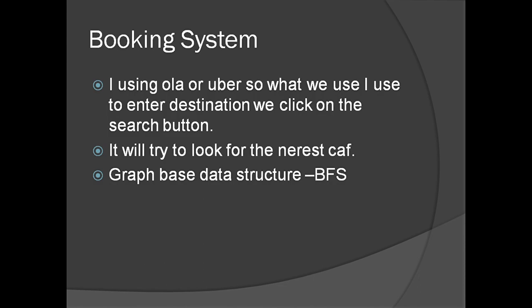It will look for the nearest cab, and according to that it will also give the charges. Here we are making a network on the basis of distance, petrol required, and giving the cheapest fare.